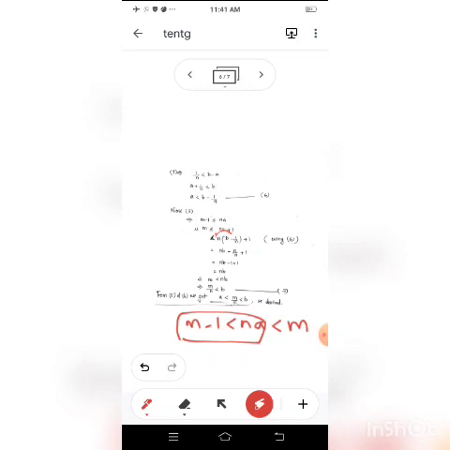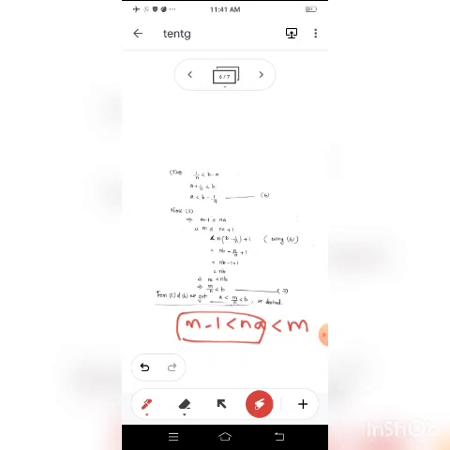Multiplying by n, we get nb minus 1 plus 1. Cancelling 1, we get m less than nb. M less than nb implies m by n less than b.